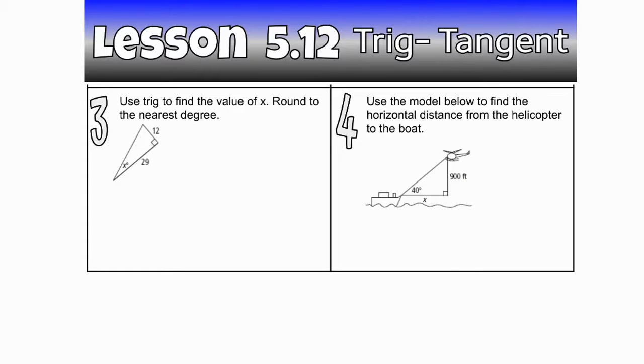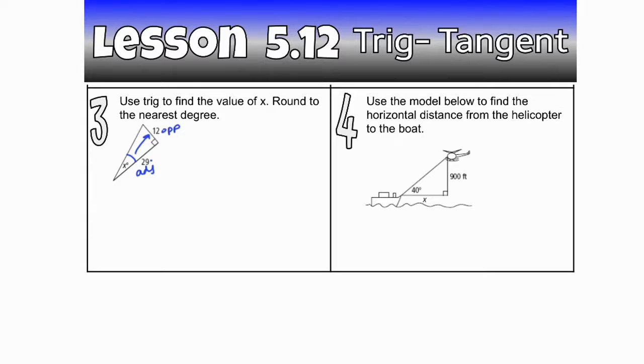All right, so again, we're going to find the angle measure. The angle that we're talking about is x, which is right here. And then let's see what we're given. We're given the opposite and we're given the adjacent. So that means we're going to use tangent.